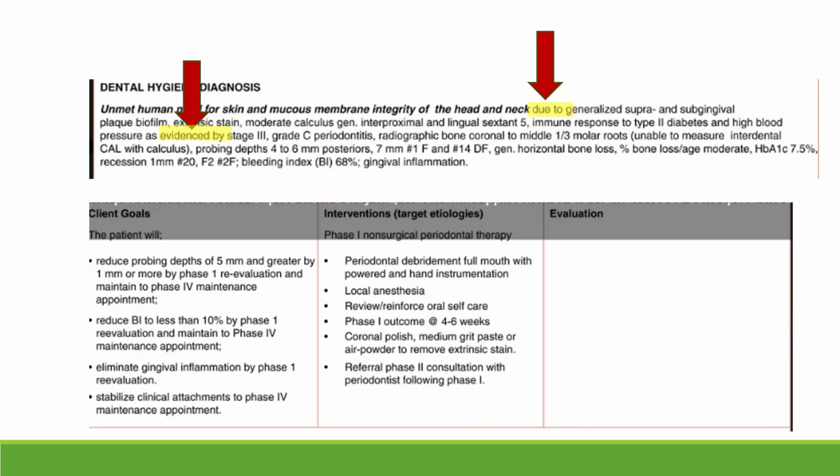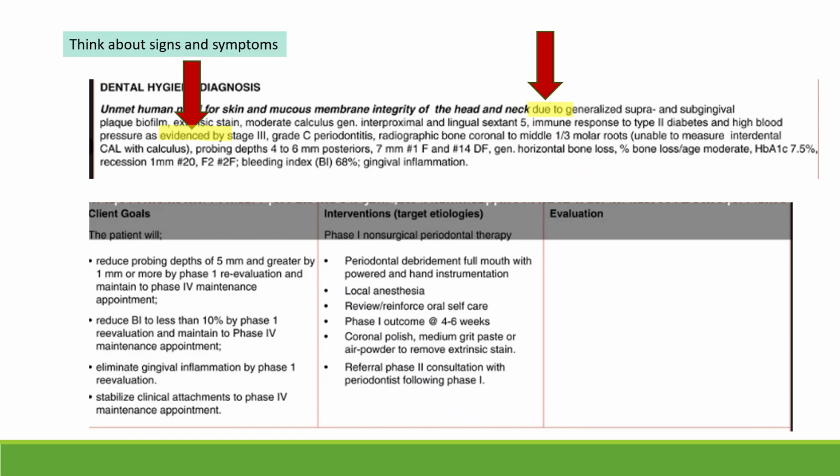Maybe we have to have local anesthetic to assist with pain control. We want to introduce self-care, reinforce it and review it with them. We want to maybe have a 4 to 6 week re-eval. So these are some of the interventions that you're going to use to target those signs and symptoms. You're going to target those etiologies.